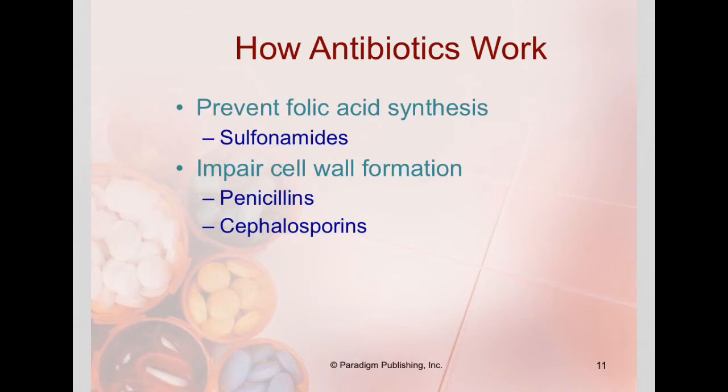It can't survive in the body. Some sulfa antibiotics are nitrofurantoin, and you'll have like Septra, and things like that. Some antibiotics impair the cell wall formation, which is the penicillins and the cephalosporins.